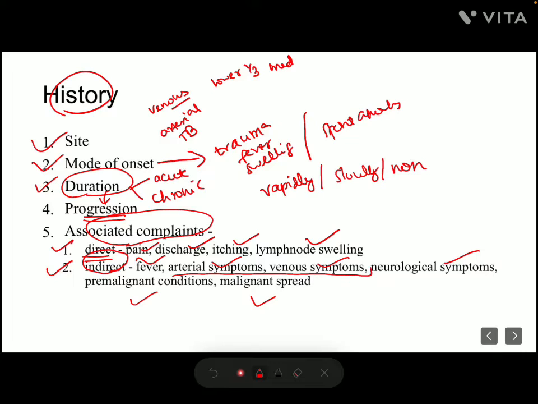Arterial and venous symptoms become especially important when the ulcers are present at extremities. Fever indicates an infective origin of the ulcer, and neurological symptoms make us lean towards trophic ulcers. We will look at what exactly trophic ulcers are in detail further in the section.